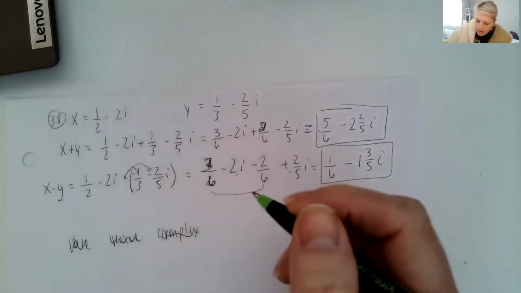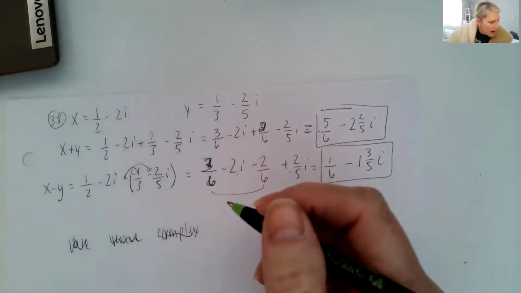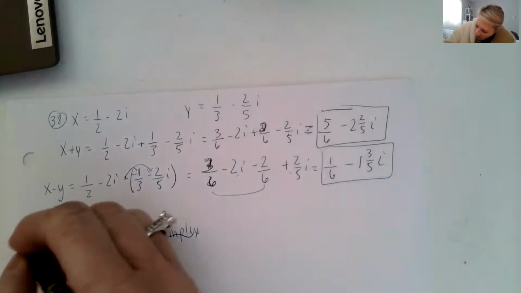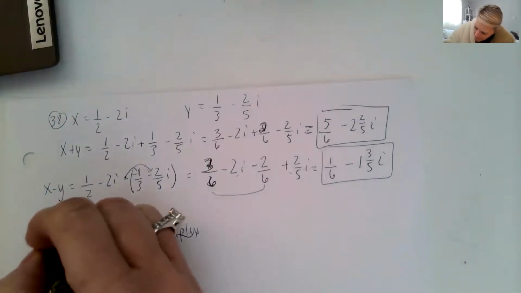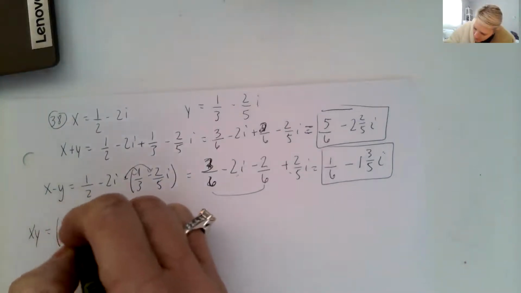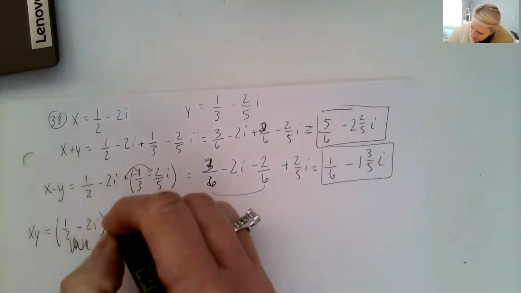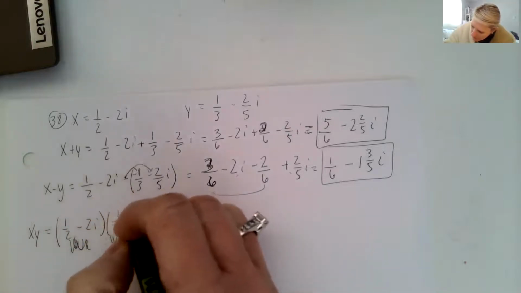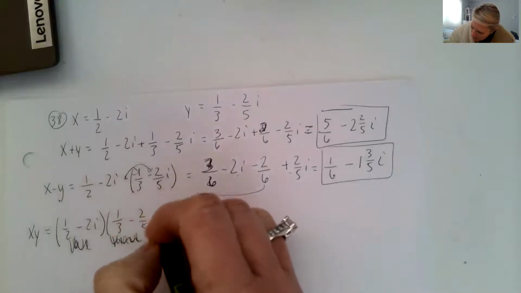And then they wanted us to multiply by the product. It's 1/2 minus 2i times 1/3 minus 2/5 i.